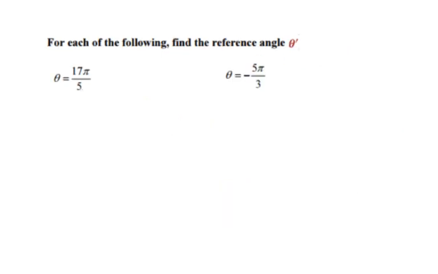Now let's go to another 2 examples. First of all, for this one, you don't have to work because your denominator is 3. So your reference angle will be pi over 3.